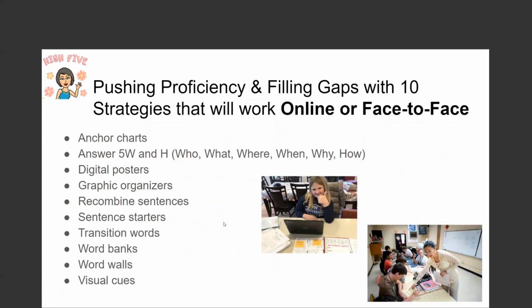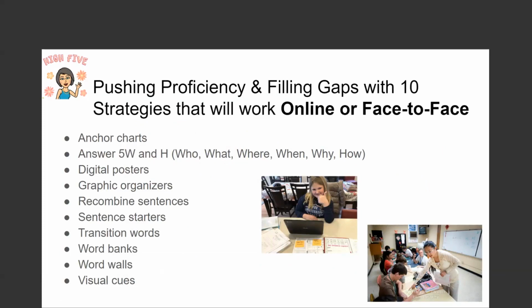It might be that you have students answer the 5 W's and the H question, answering the who, what, when, where, why, and how. And so it's very easy for students at the novice level to say a memorized chunk, such as, I like to swim. They've memorized how to say I like, and they've memorized some things that can go in that blank.